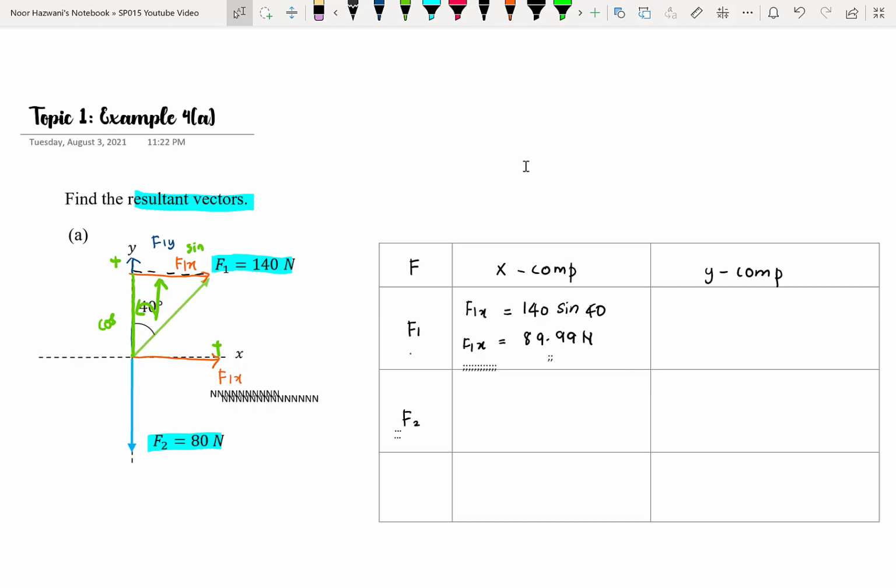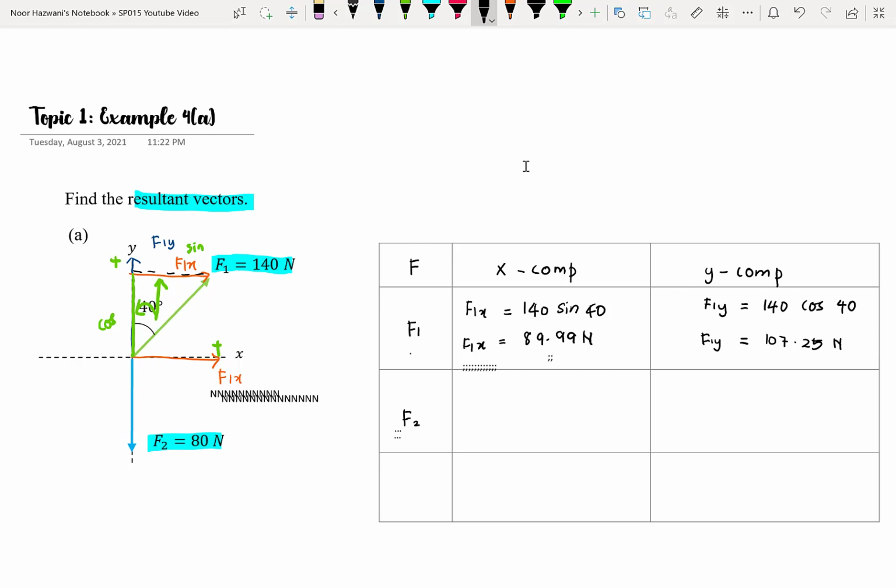Okay, and then for Y component, so you will get F1Y is equals to 140 cos 40, the angle. Okay, and then you press your punya calculator and then you will get is equals to 107.25 Newton.